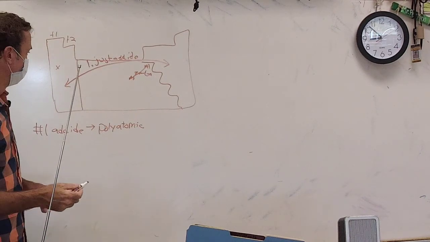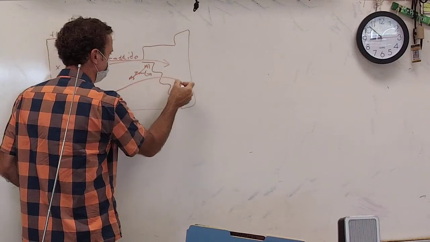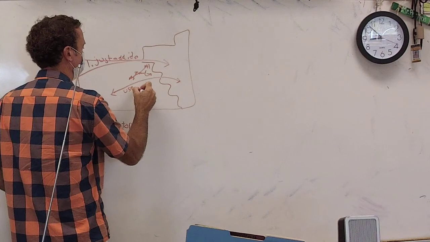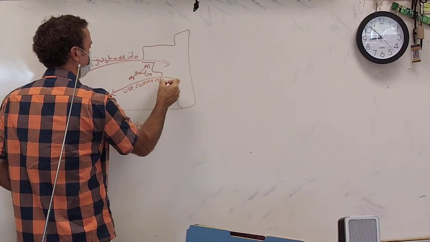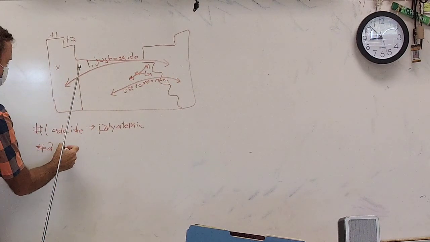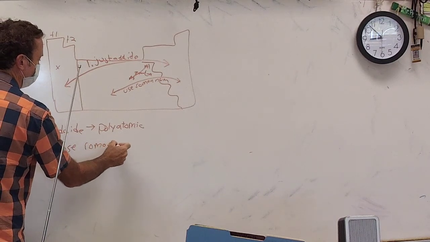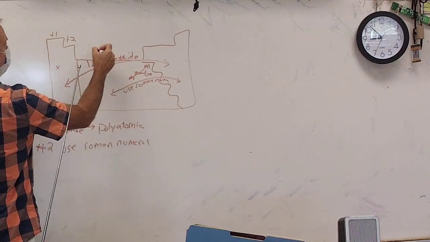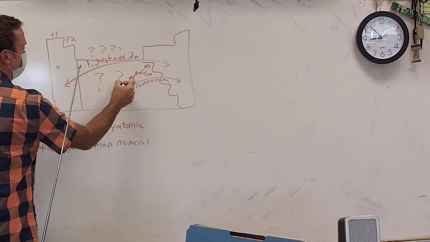All right. Rule number 2, that's when we come from the middle, and you have to use a Roman numeral. The reason you have to use a Roman numeral is because we don't know what the oxidation numbers for any of these guys in the middle are.